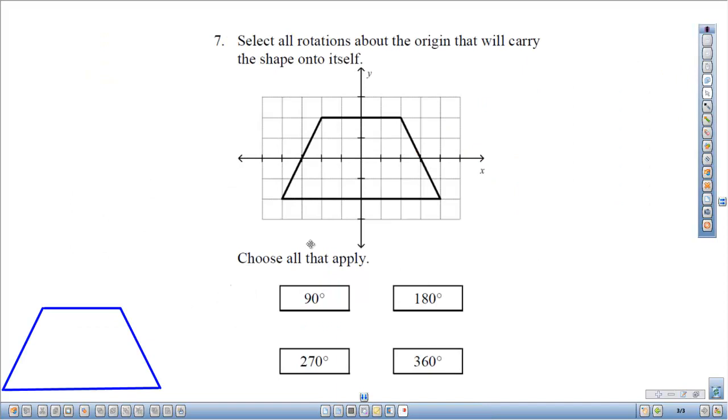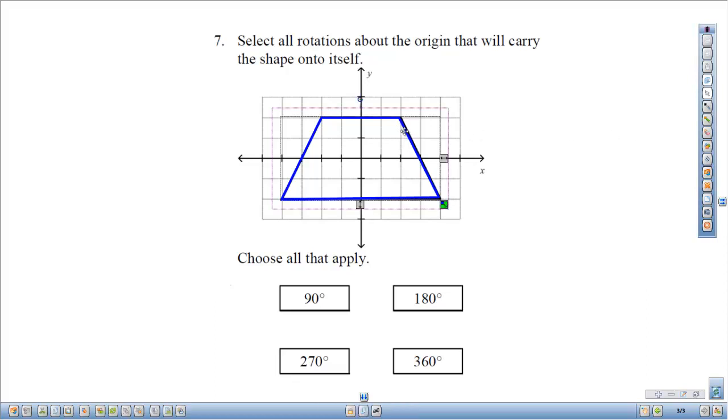All right, number 7 gives us this four-sided figure and asks us, if we rotated this thing around the origin, which rotations would map it onto itself? In other words, the rotation would make it totally line up. So I've got this version and over here, and here's what you have to do, either with patty paper or with just your imagination. You need to imagine what this would look like.